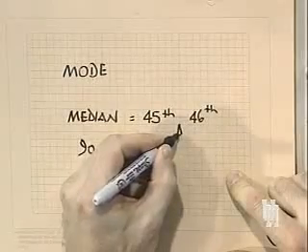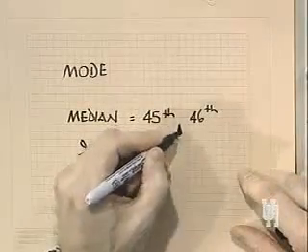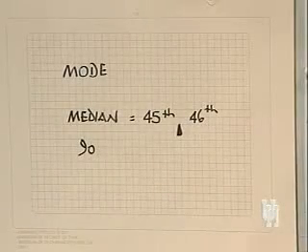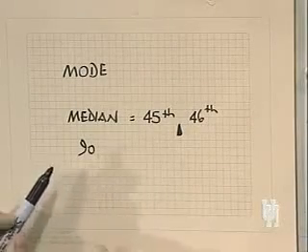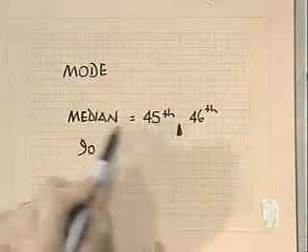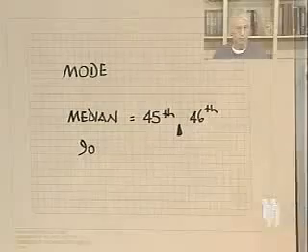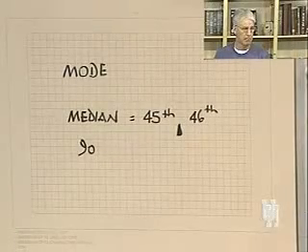In fact, it should be equidistant from the 45th and 46th highest score. Because then, in a set of 90 scores, you'll have 45 scores below the median, and 45 scores above the median.